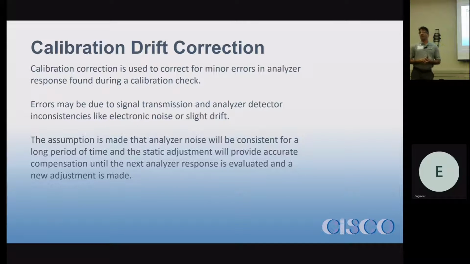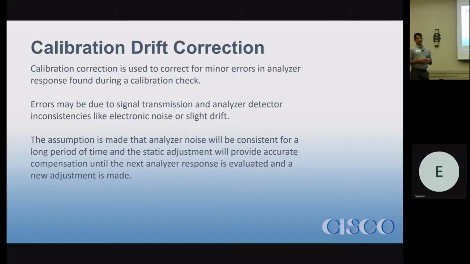We're going to get rid of that error, and we apply a formula. So that formula is going to manipulate all the data until the next calibration check occurs and a new set of calibration adjustment factors is developed. So, electronic noise, slight drift.